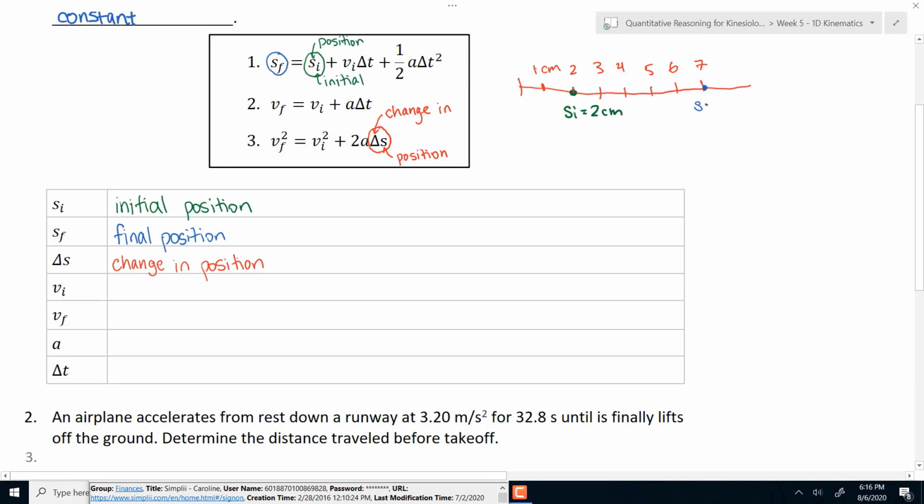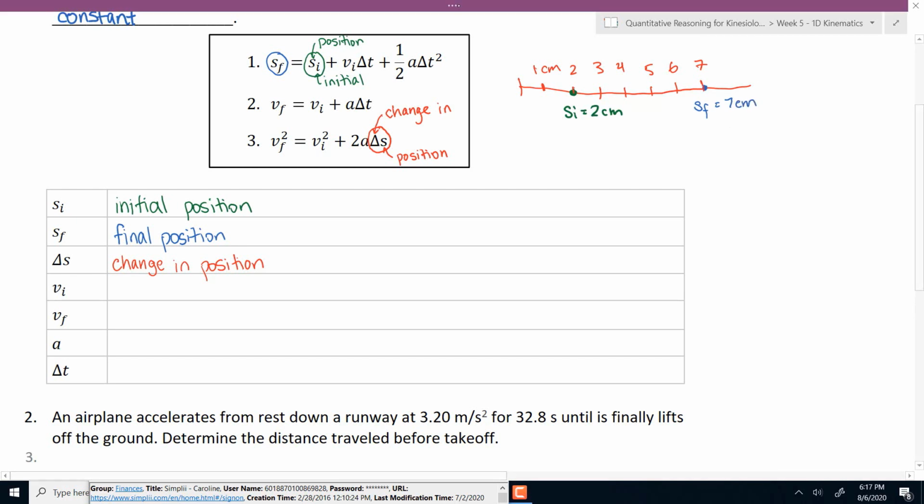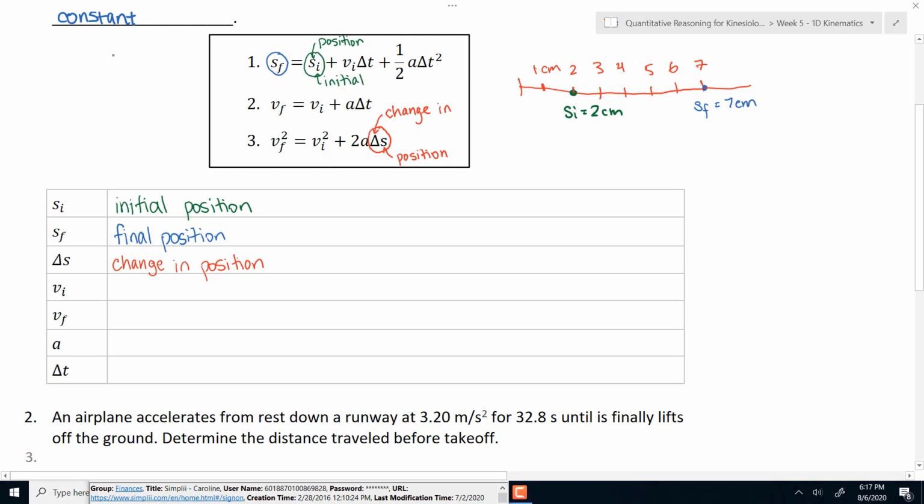Let's say that would be my S_f, then my final position is 7 centimeters. So then my change in position, what would that be? It's the distance that I've traveled, the change. I went from 2 centimeters to 7 centimeters. So my delta S is always equal to S final minus S initial. So 7 minus 2, which is 5 centimeters. That's the distance that I traveled right here. That's my delta S. So delta S is the change in the position. How far did you actually travel?